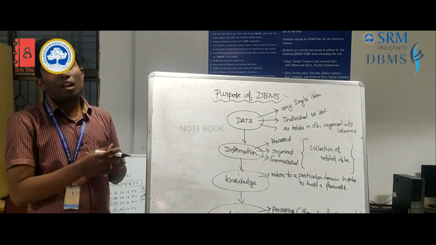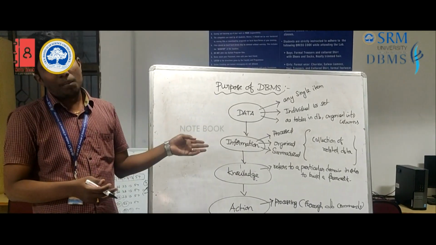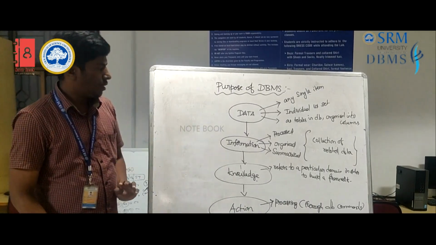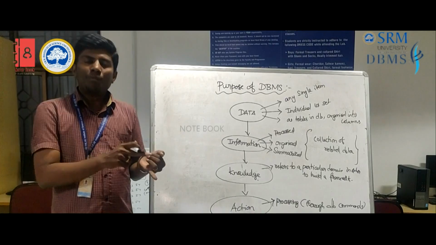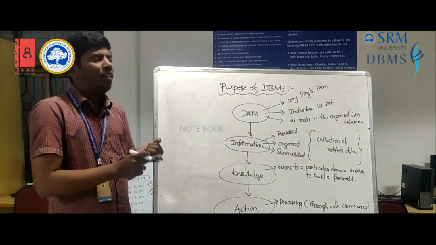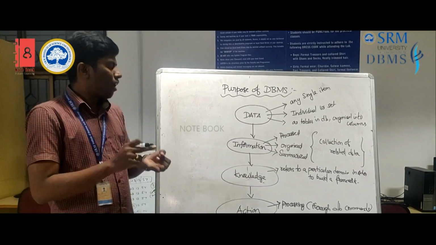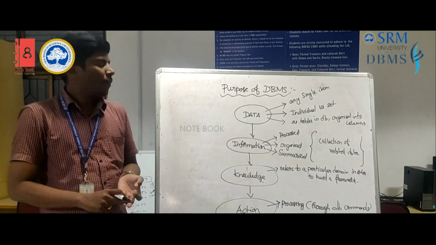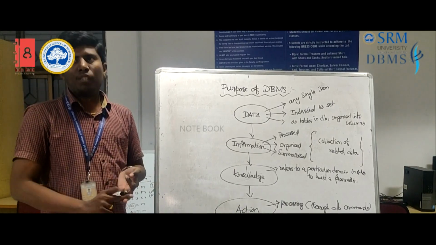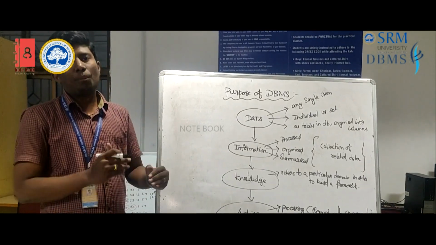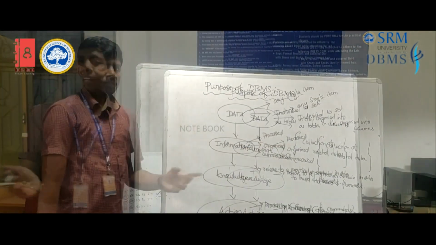Coming to information, information means processed data. If the data is processed, organized and summarized, it is called information, which is a complete one and is a collection of related data.